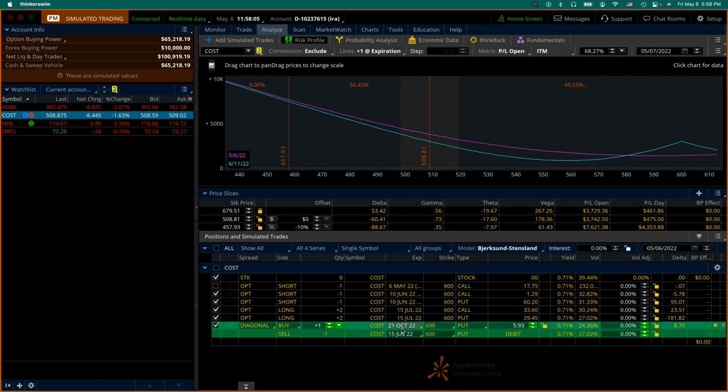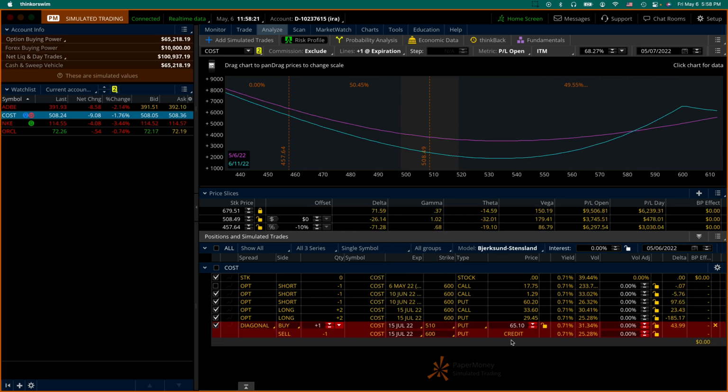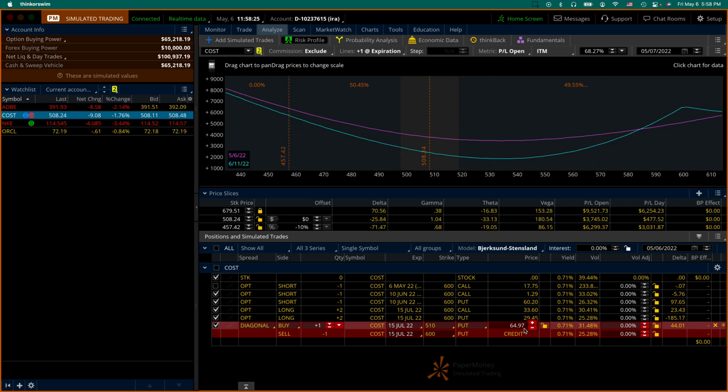And I'm going to buy a lower strike price. 510 is fine, just in case the market keeps on going down rather nastily. Here we go, July. That gives me 65.10 times 100, almost $6,500. Let's put that to 65.